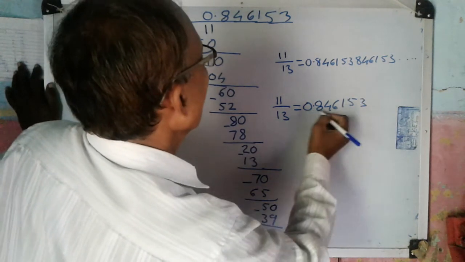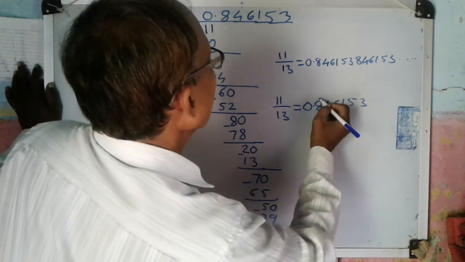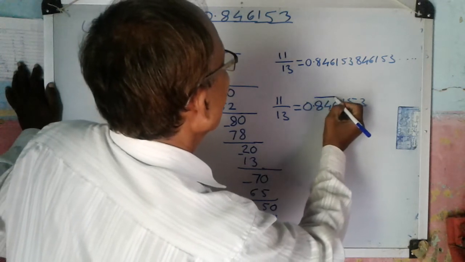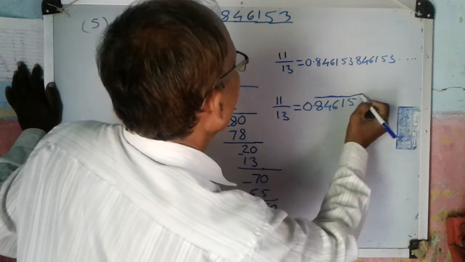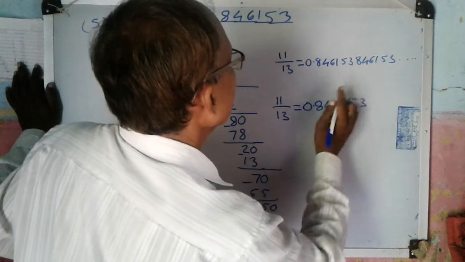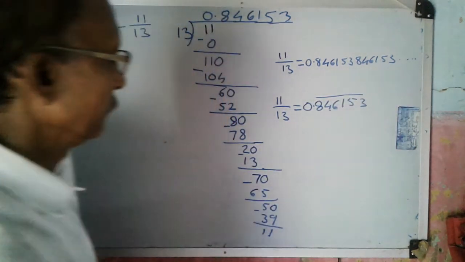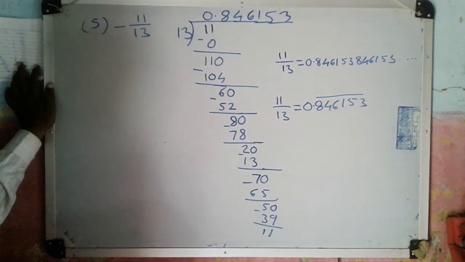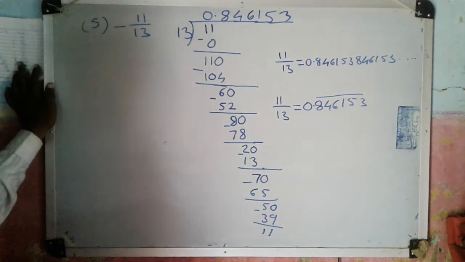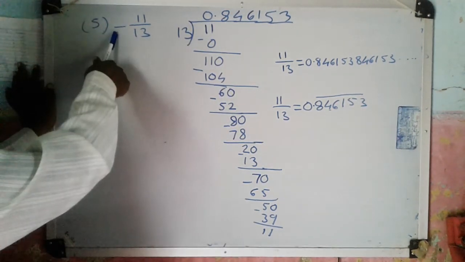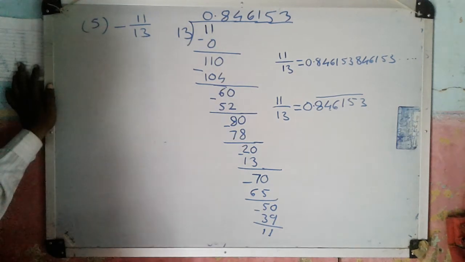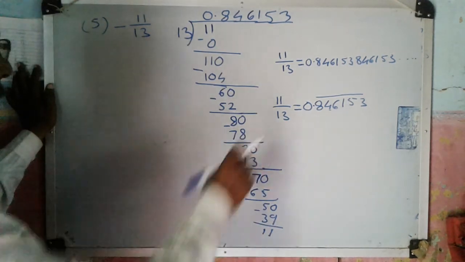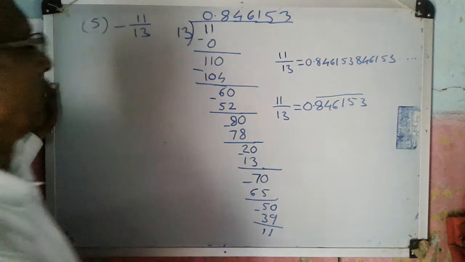Now, the same group of digits is recurring, so draw a bar above this. So this is the decimal. Now our question is minus 11 upon 13. So here there will be a minus sign.